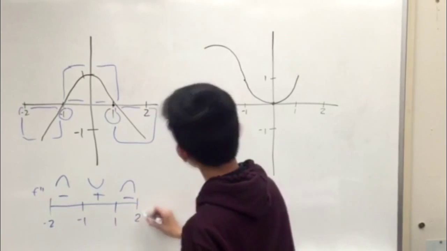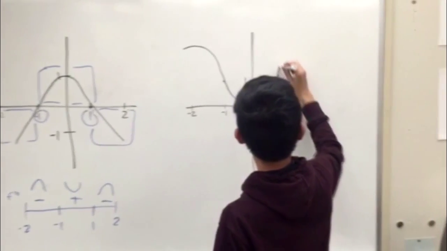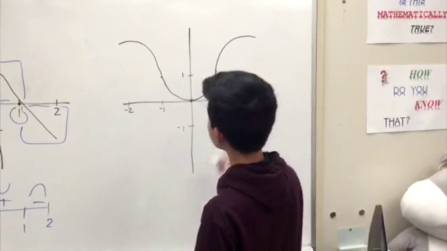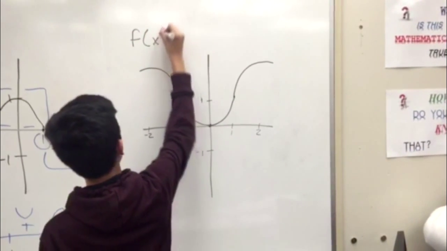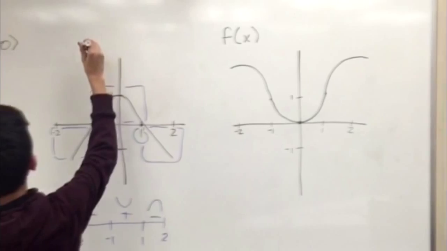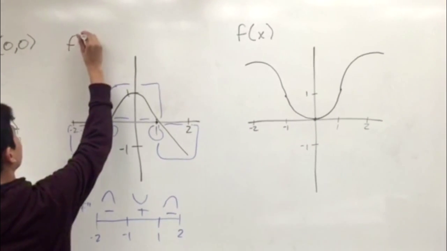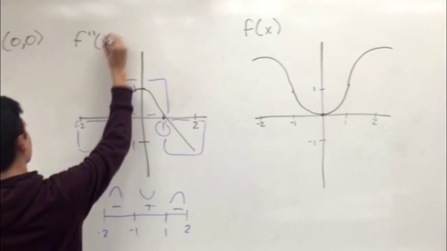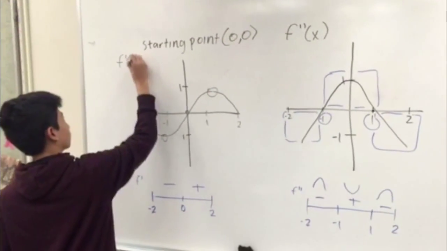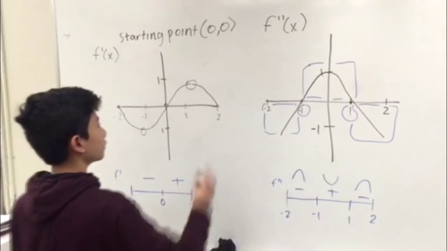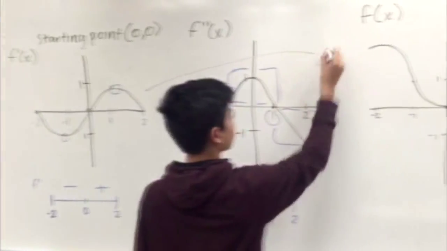And then there's also an inflection point at 1. So yeah, this is the antiderivative graph. This is the second derivative graph. And this one's the first. So yeah, that's how you graph antiderivatives.